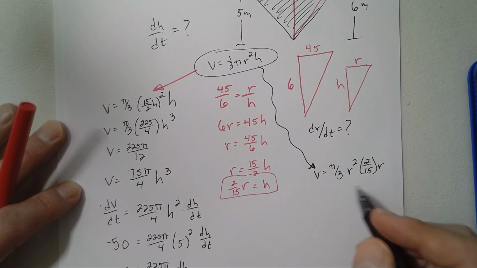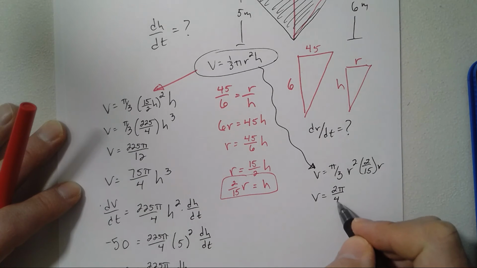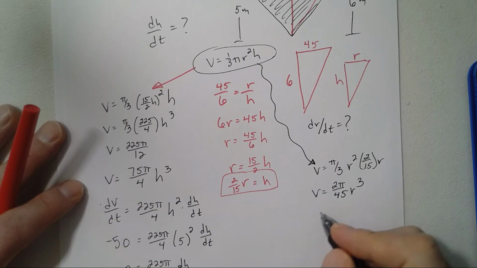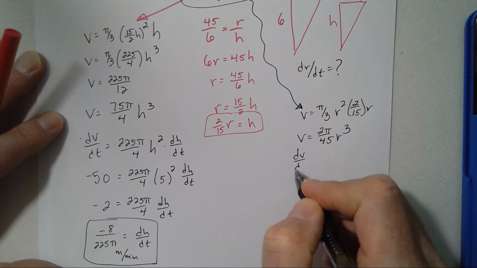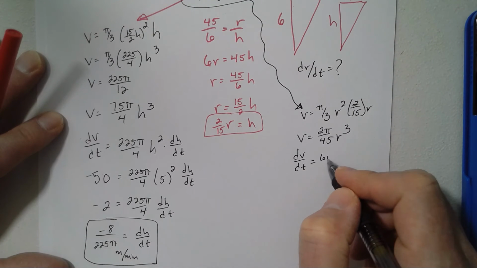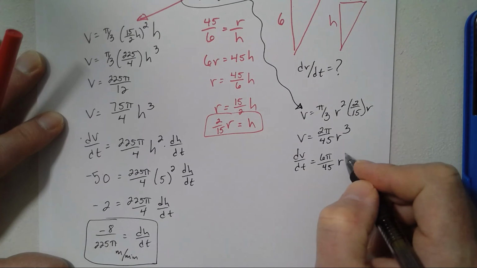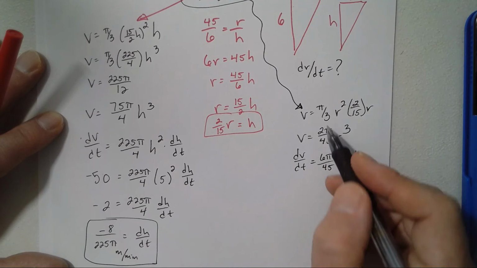So volume equals 2 pi over 45 r cubed. Now we can find our derivative with respect to time. 6 pi over 45, I could have simplified that, so it would be 2 pi over 15.